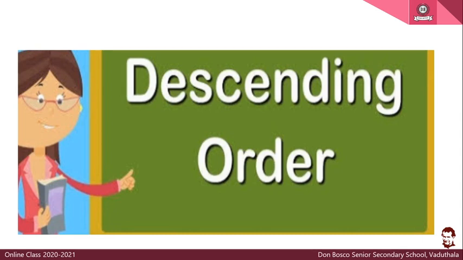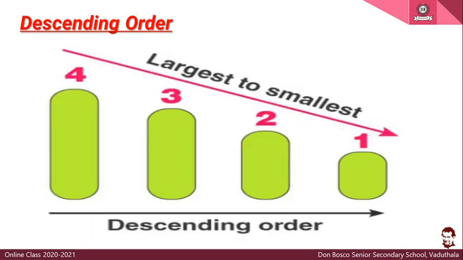Second one, descending order. What is meant by descending order? From the slide, first one is the biggest one, and the last one is the smallest one. That is the descending order. How will you write in descending order?